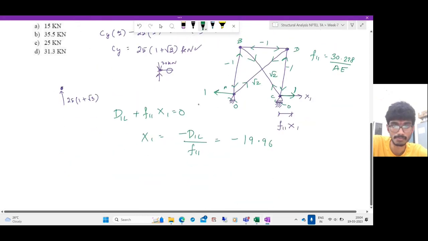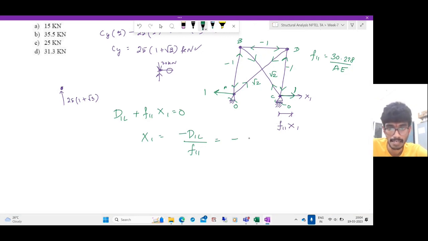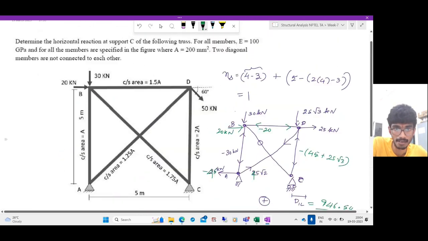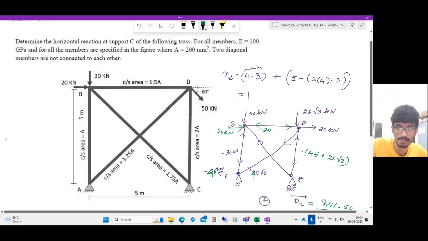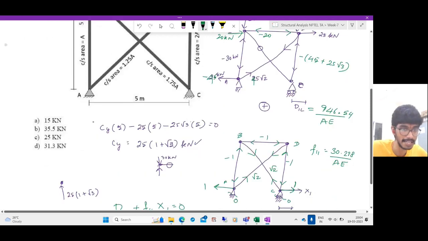This is minus 31.33 kilonewtons. Which direction does it act? You assume rightwards, but it turns out to be negative, so it acts leftwards on the structure. That's again obvious since the applied loads are all towards this. So the answer is D, 31.3.